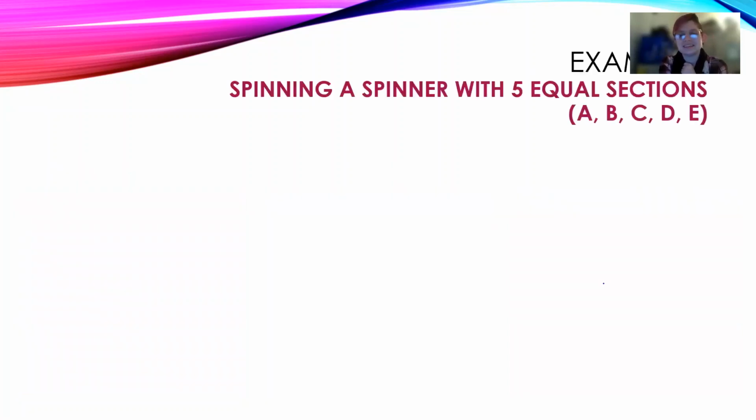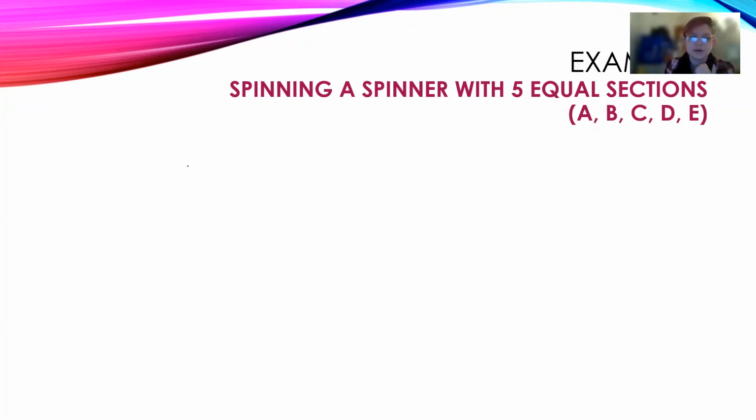So what is the sample space for spinning a spinner with 5 equal sections that are labeled A, B, C, D, and E? So again, that sample space is all of your possible outcomes. So when dealing with a simple event, it's just a list of the outcomes you could get.